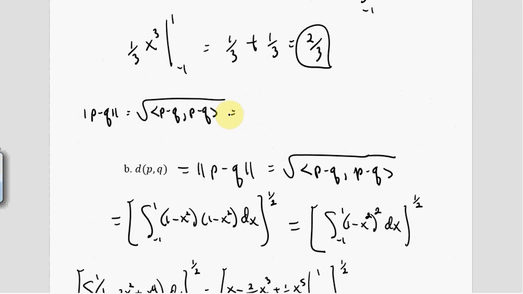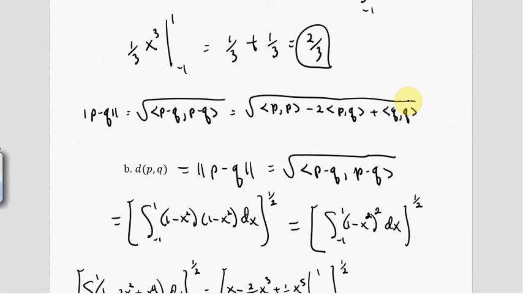Now, if we use the distributive, or additive, axiom, this is the square root of the inner product of p and p, minus 2 times the inner product of p and q, plus the inner product of q with itself.